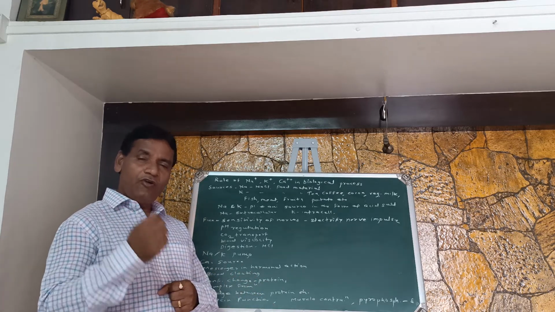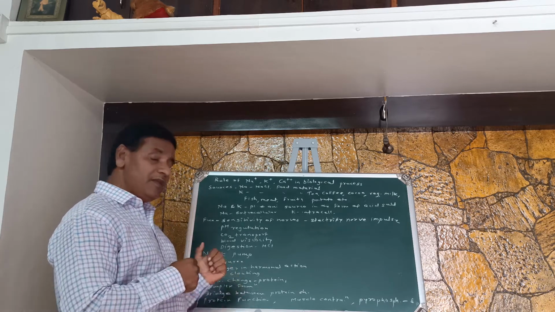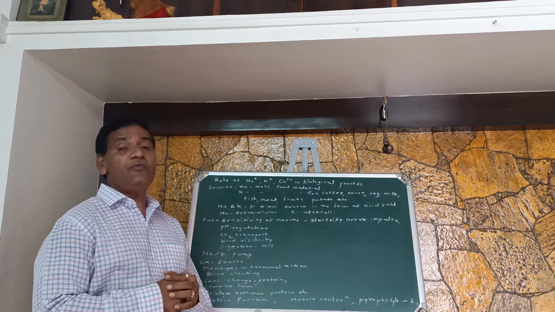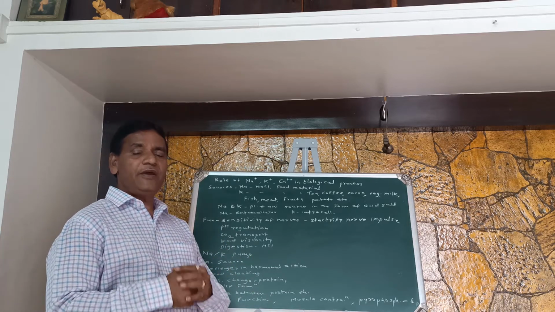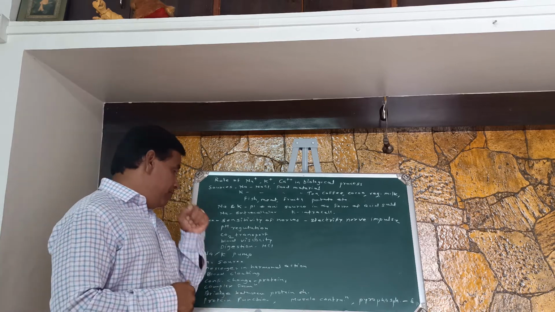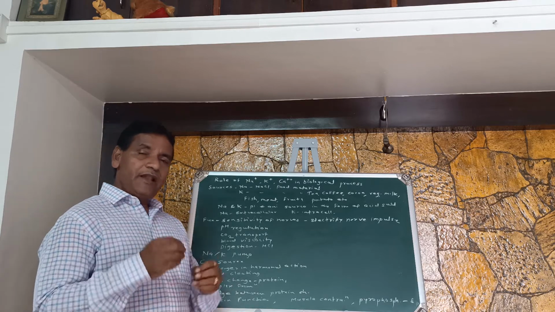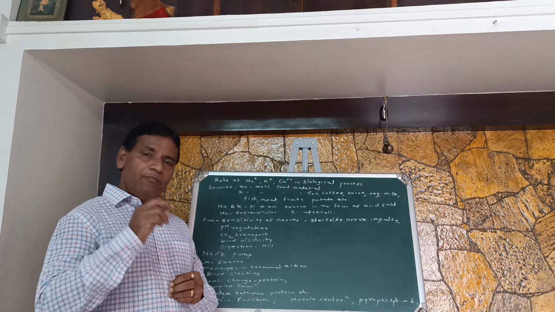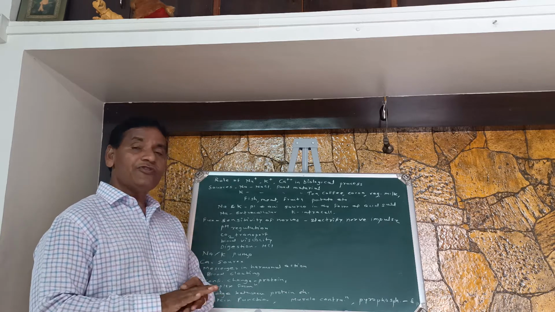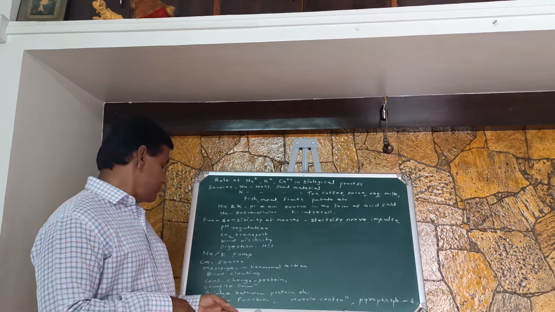So clotting of blood is very important and that blood clotting occurs in the presence of calcium ions. Then because of the calcium ions, conformational change in different proteins is possible, and that's why calcium is very important.